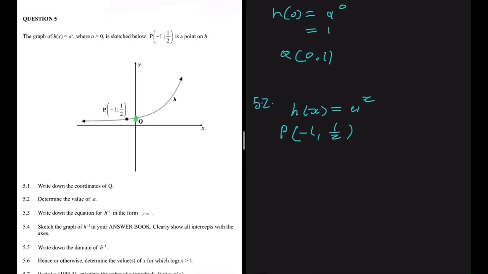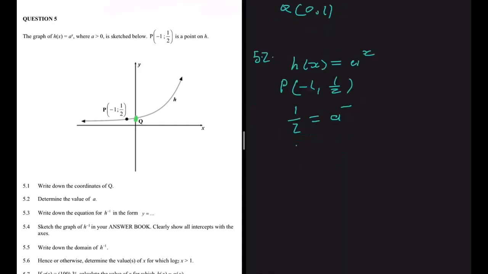If we substitute it into h of x, we're going to get a half for the y value being equal to a to the power minus 1. So we're going to end up with a half being equal to 1 divided by a. It's easy to see now that if these two things are equal, then a shall be equal to 2, right? You can just cross multiply, you will see immediately that a is equal to 2.